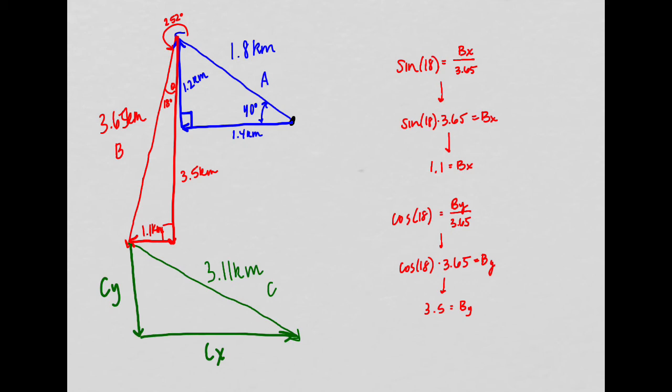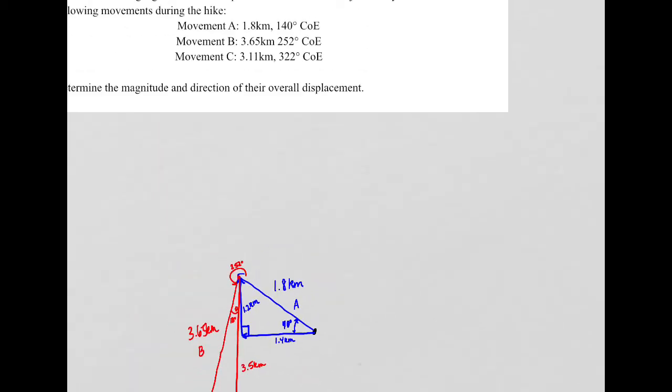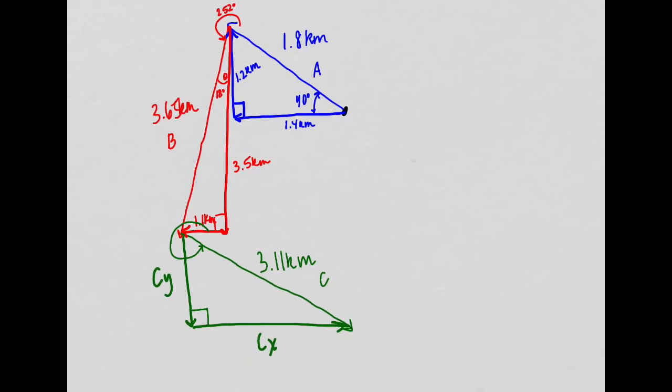Now we can do the same thing finally for C here. So we know we have a 90 degree angle here. We know that this angle was 322. So if we take 360 degrees minus 322, wait.